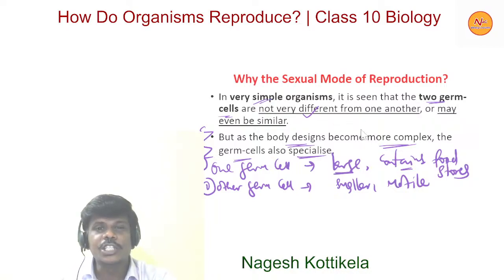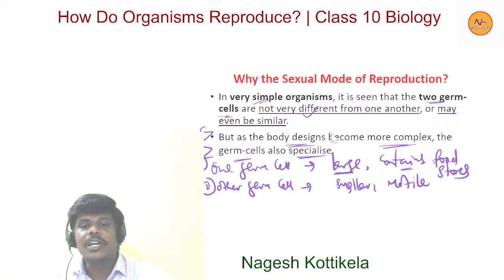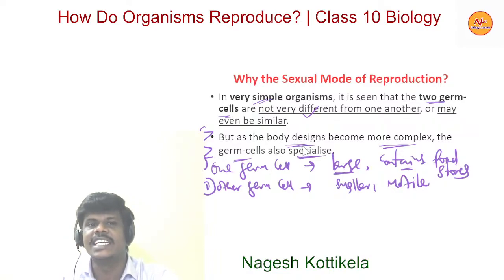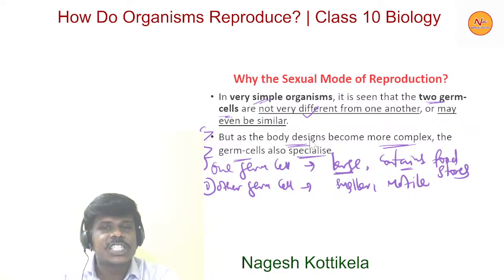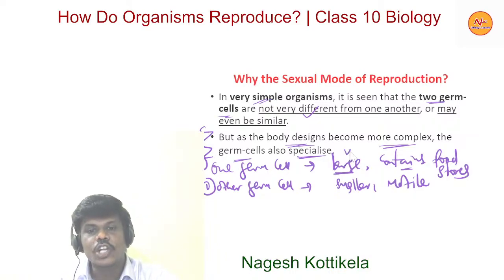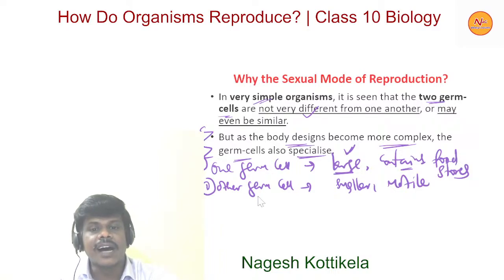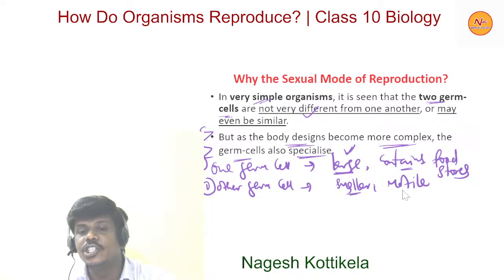So I repeat this once again. As the body designs become more complex, the germ cells also specialize. One germ cell is large in size and contains food stores, and the other germ cell is smaller and it is motile.